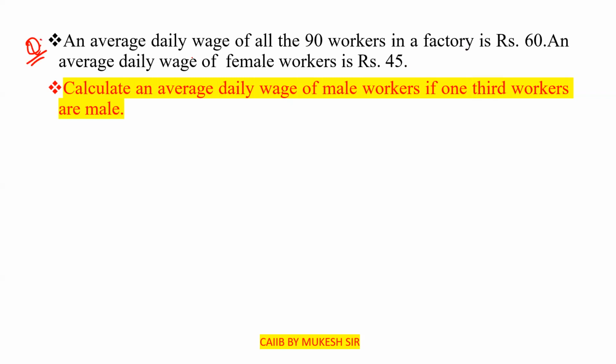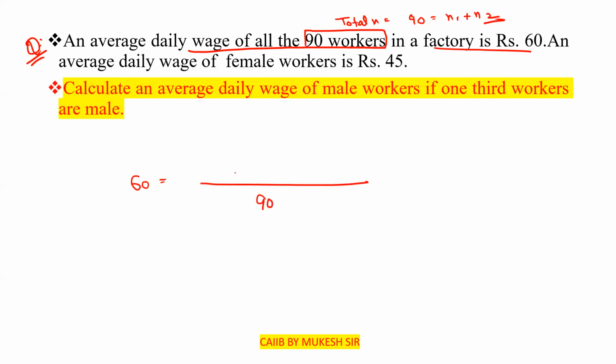Next question: the average daily wage of all the 90 workers in a factory is 60, so total N is 90. The average daily wage of the female workers, X1 bar, is 45, and X2 bar we don't know till now. Calculate the average daily wage of the male workers.